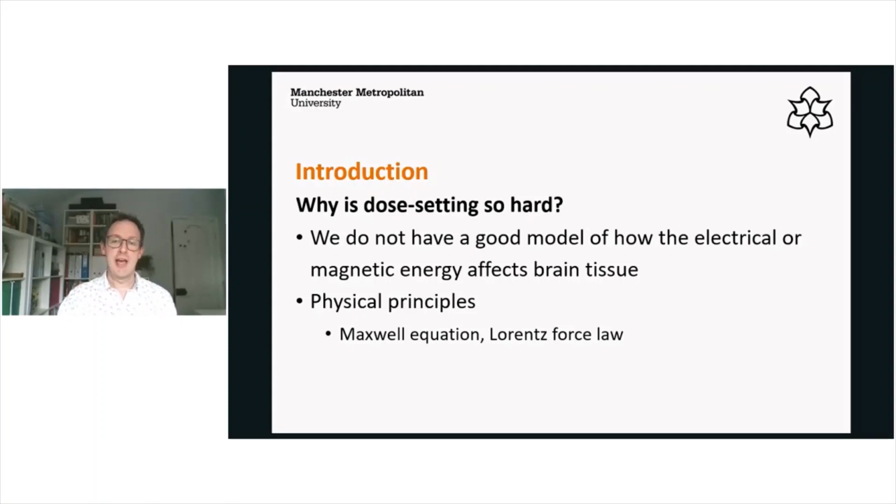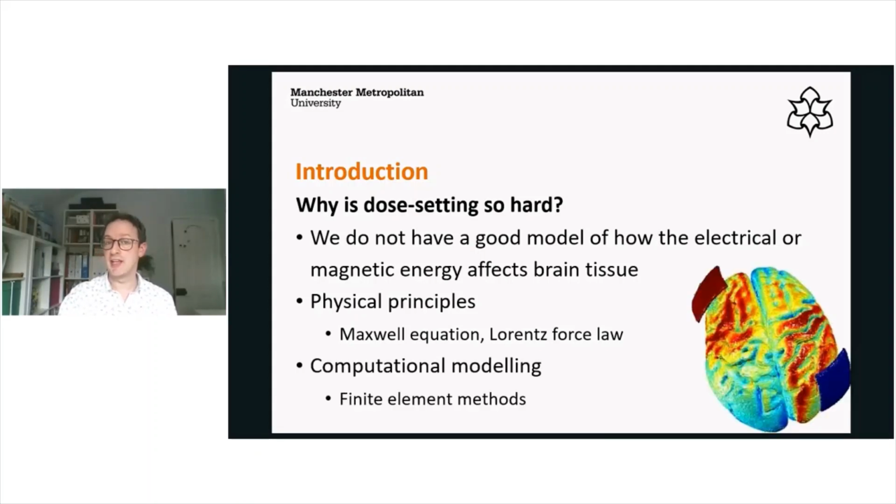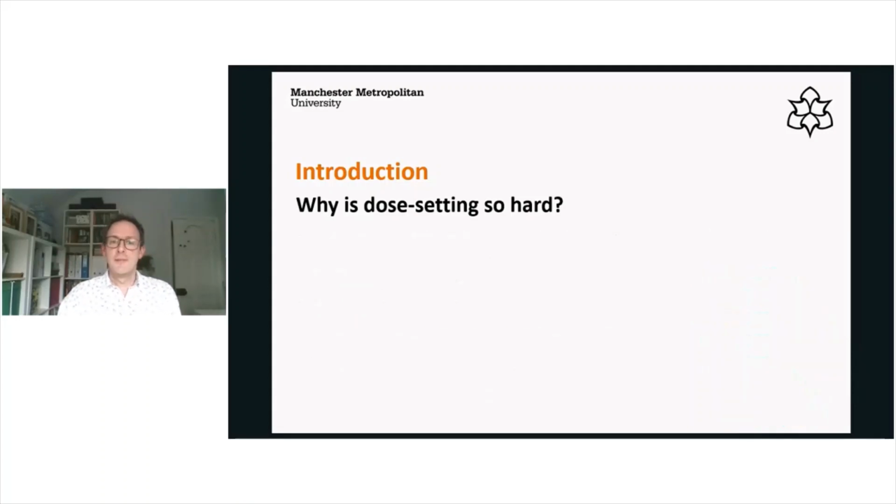When we know some of these principles, we can combine them into computational modeling techniques. So you'll see many beautiful images like these finite element models that are produced. I'm sorry for not crediting this. This is from Andy Huang's ROAST toolbox for MATLAB.